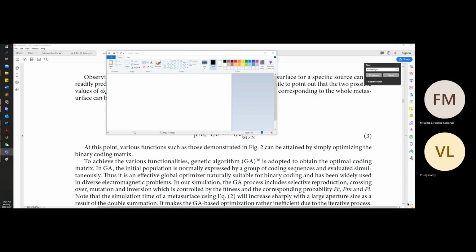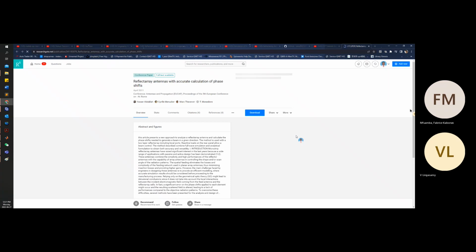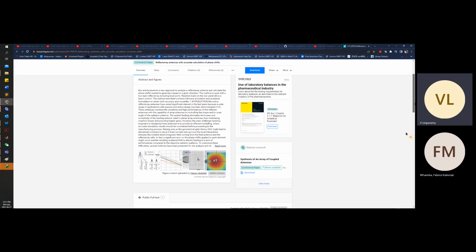Second one as well, and the third one as well.